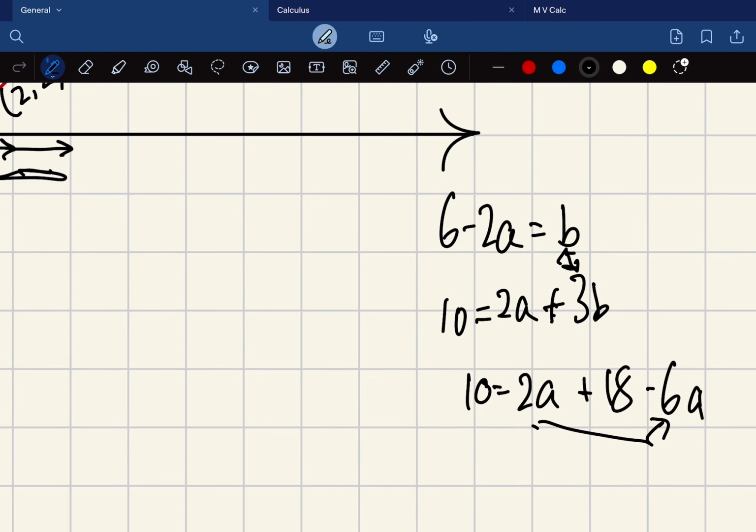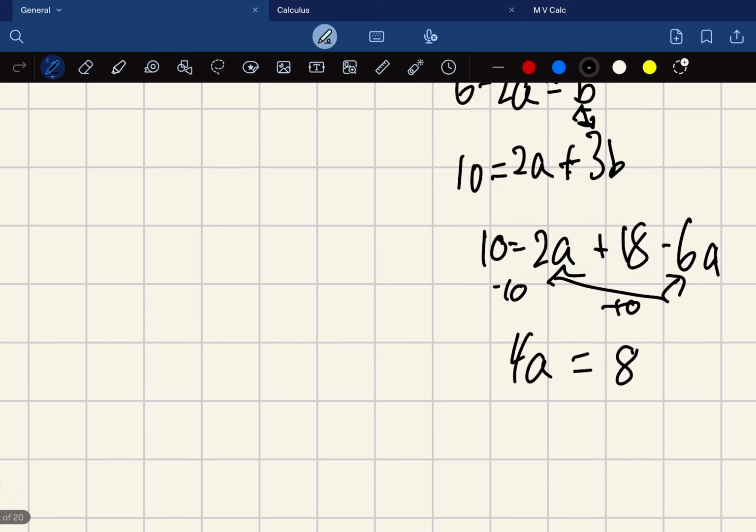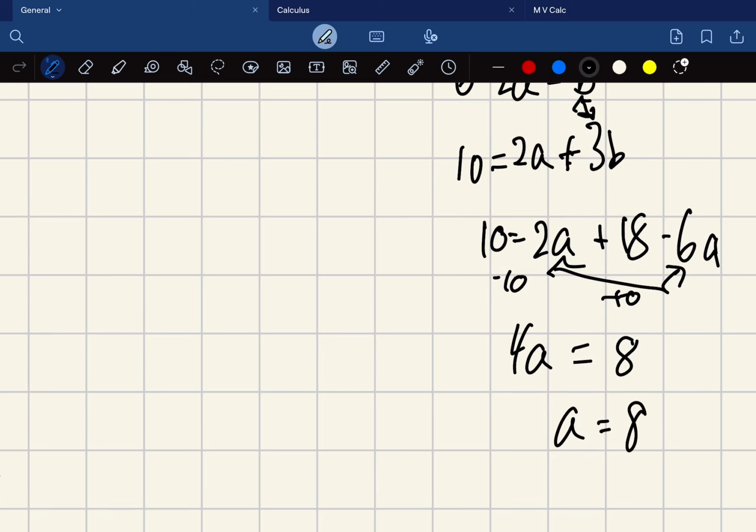These two go to negative 4a, and we move it to the other side to make it positive, and then we subtract 10 from both sides and get 4a is equal to 8, so a is equal to 2.